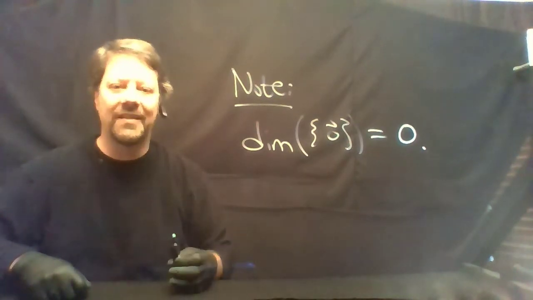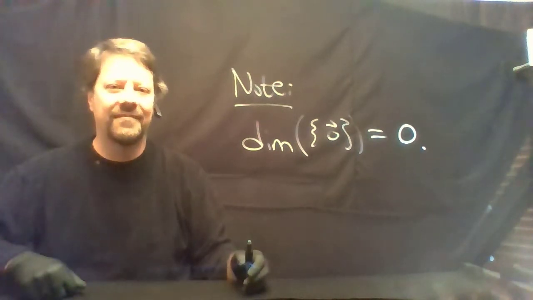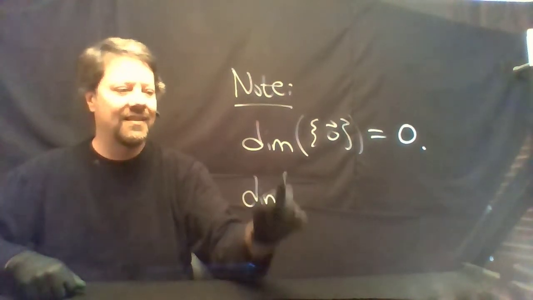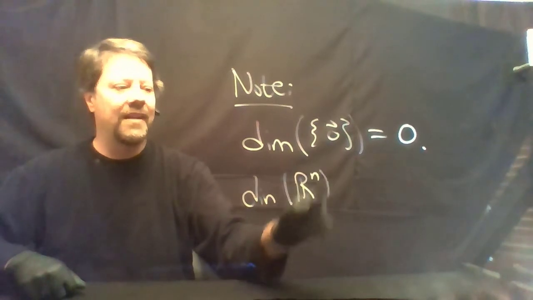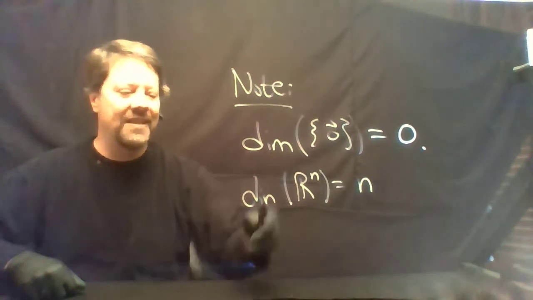So if it's just a point, the zero vector, then the dimension is 0. And the dimension of Rn is n, the number of elements in the standard ordered basis.